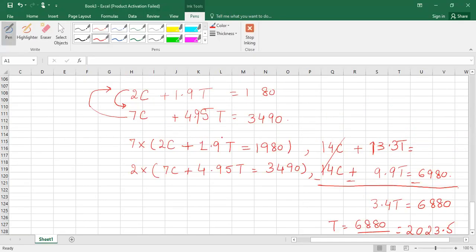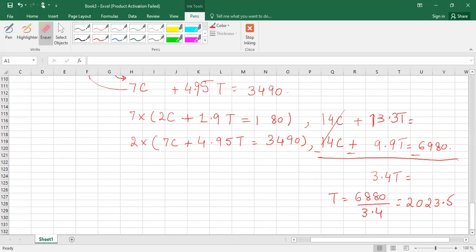Okay, I'm done with it. In fact, it is 1180. I mistakenly wrote 1980. That's why I was concerned that there is something wrong with this calculation. It is 1180. So 7 into 1180, 8260.